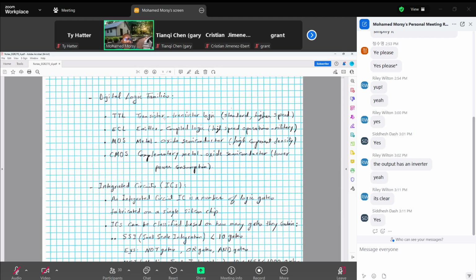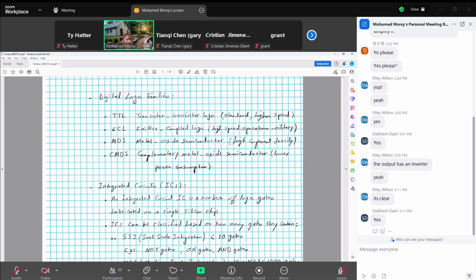The kind of transistor we use here in semiconductor manufacturing is called the bipolar junction transistor, like the one we drew when we discussed the inverter, with base, collector, emitter.